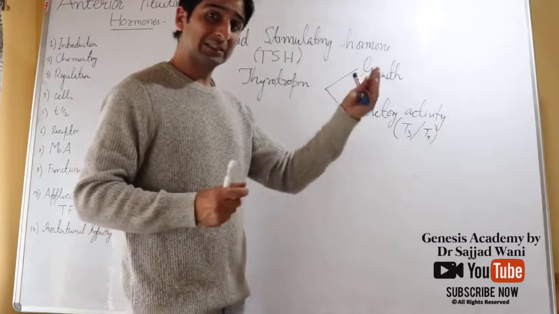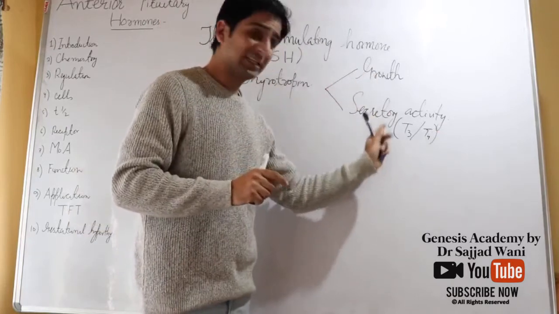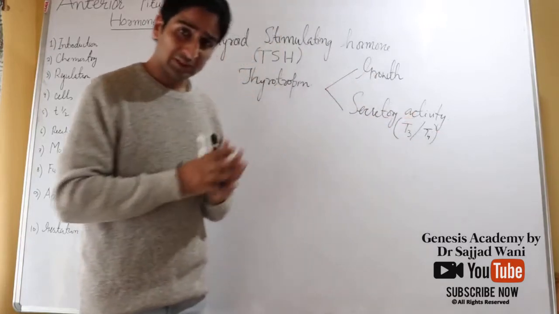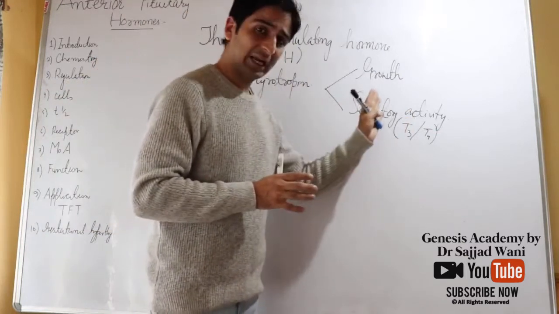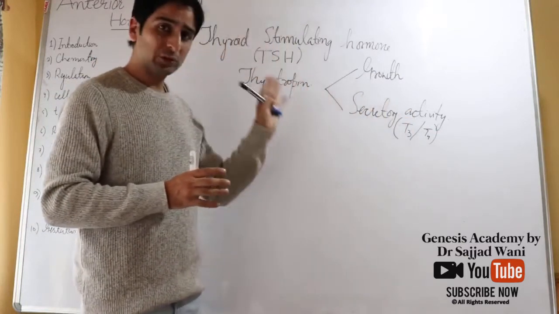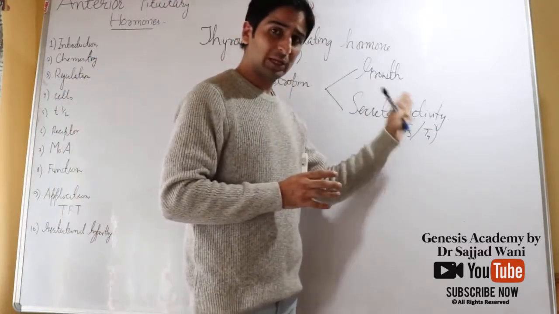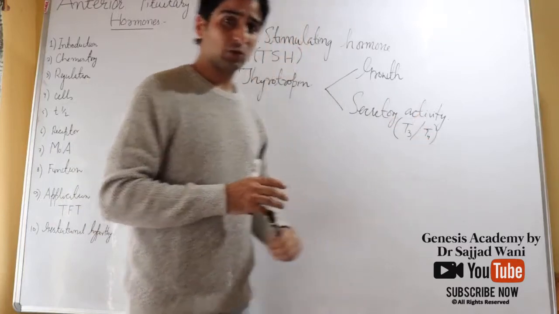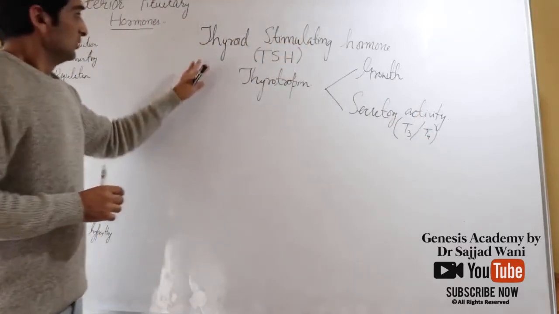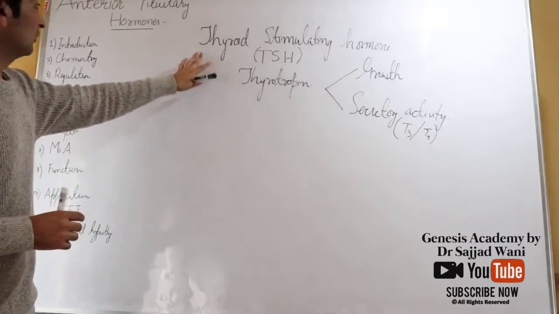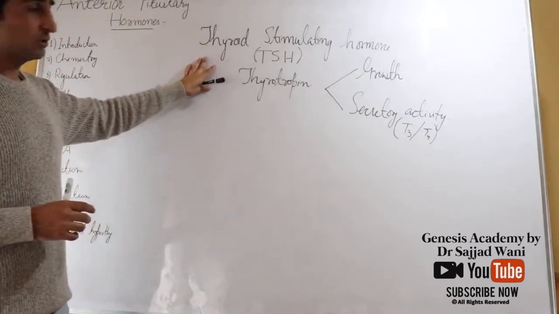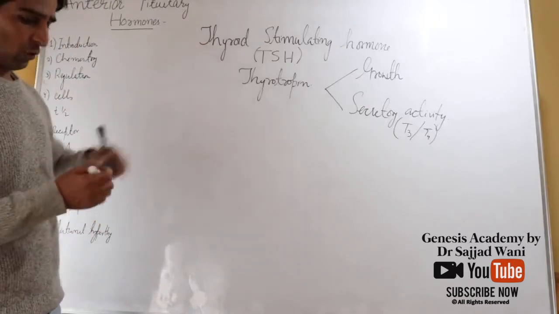I will tell you later in the thyroid gland what this T3 and T4 means. For the timing, you will remember the T3 and T4, triiodothyronine and tetraiodothyronine, and this is known as the thyroxine, right? So this thyroid stimulating hormone, we will first talk about the chemistry of this hormone.